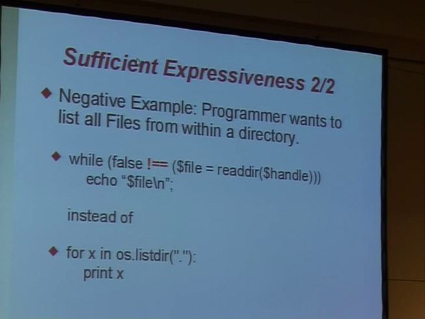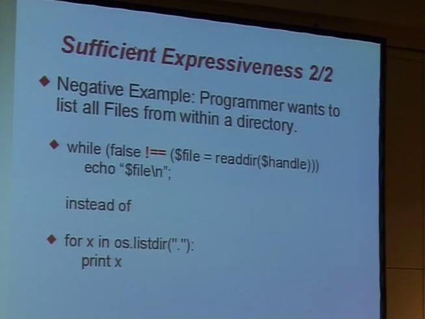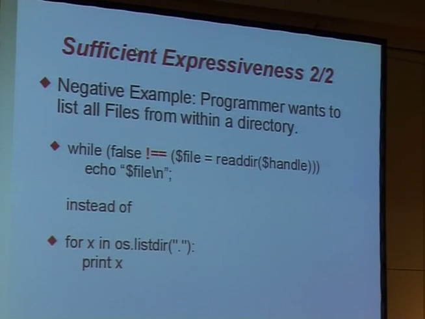Then regarding sufficient expressiveness, another negative example. If you want in PHP to read all the file names from a certain directory, you would do it like this. You would first store within the while loop to store it in $file, and then you have to compare using a type-aware operator.